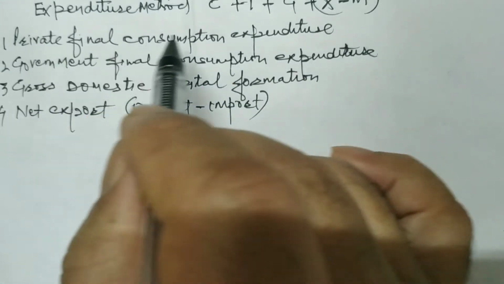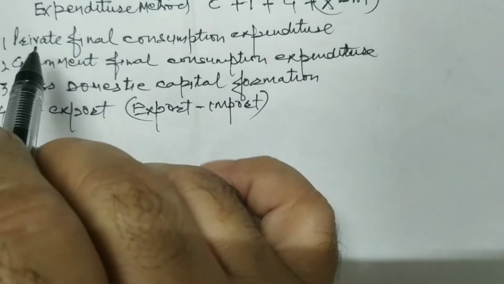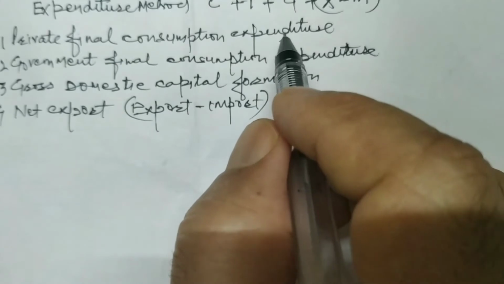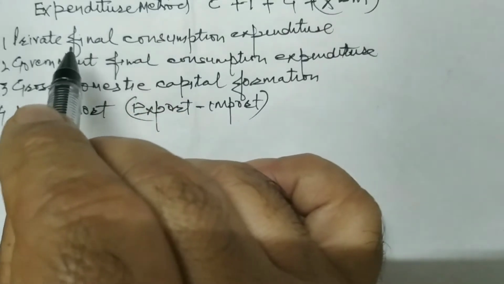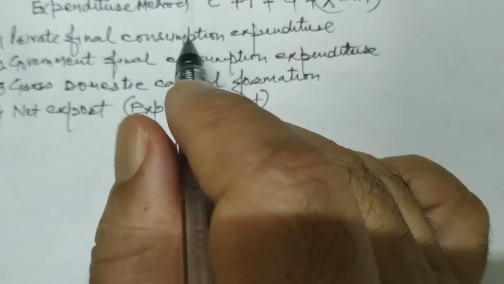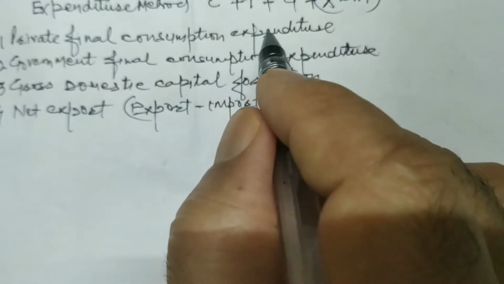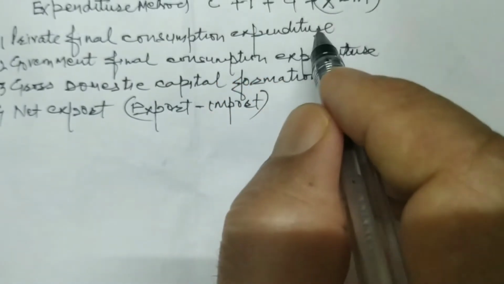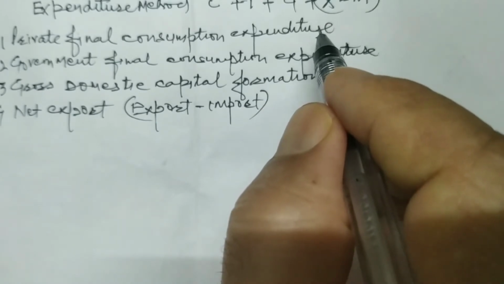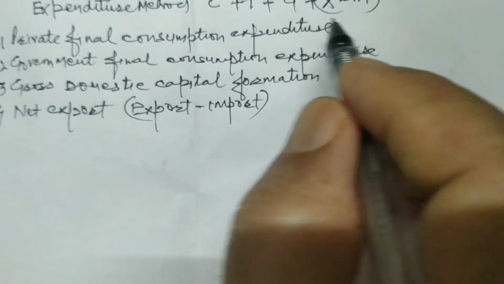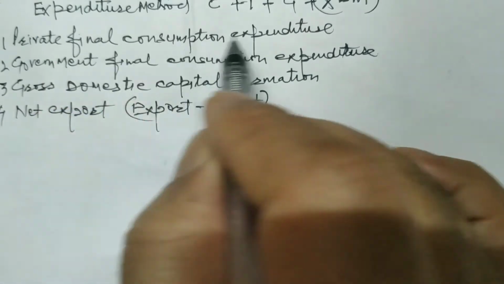In private final consumption expenditure, we also include the expenditure incurred by the non-profit institutions which provide services to the household sectors. Their expenditure is part of this private final consumption expenditure.